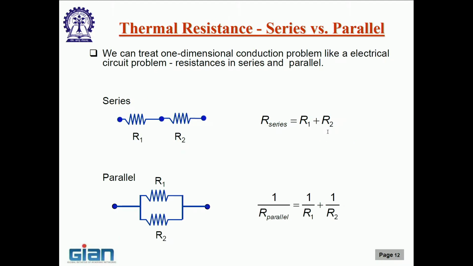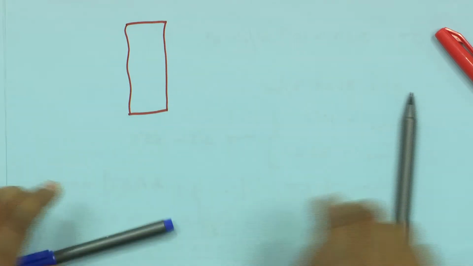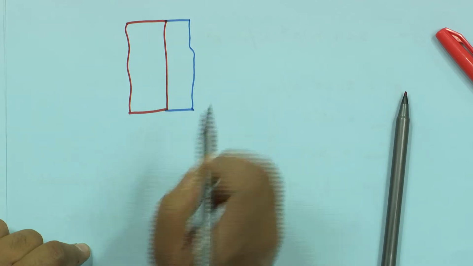All right. Just like electrical resistance, in thermal resistance also, depending on the heat flow path, we can have resistances in series, we can have resistances in parallel. For example, let us say I have two blocks like this. This is one block, this is another block.